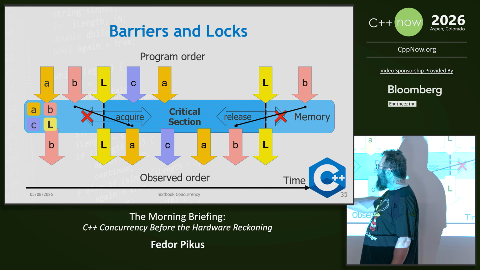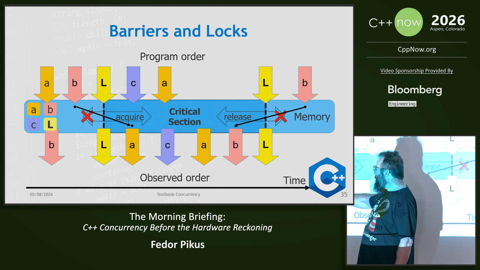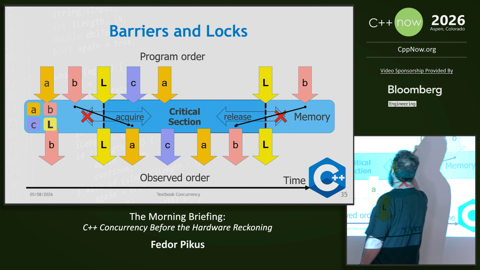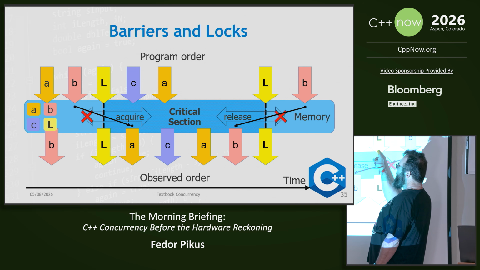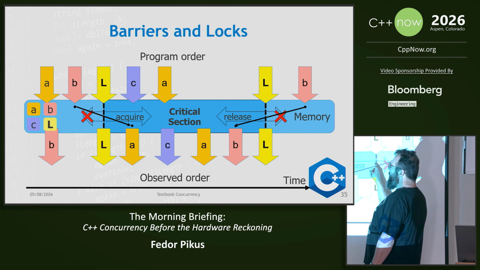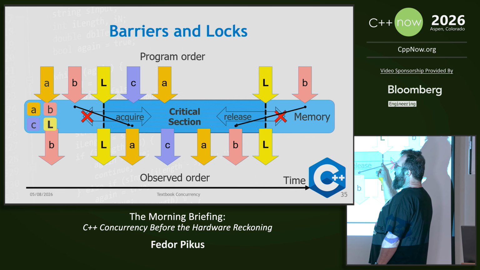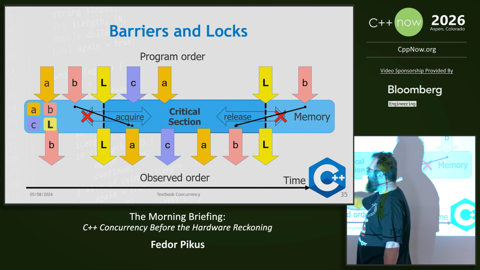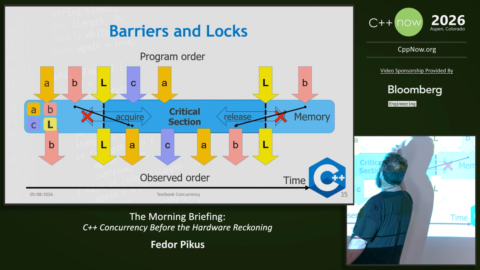Here comes our other thread. It does the acquire barrier, and it sees this write. This write was the release. Whatever was written, this second thread reads it and says, okay, I see this.